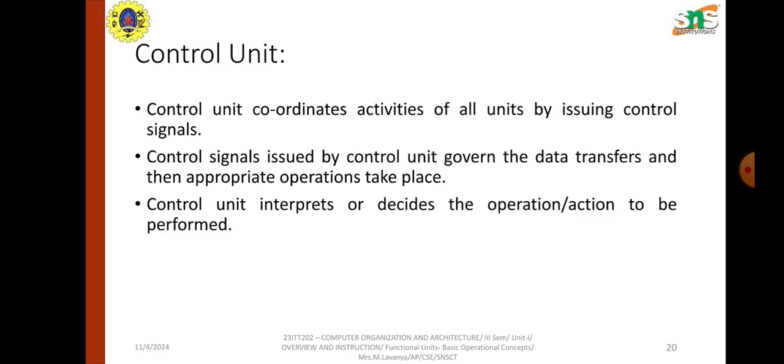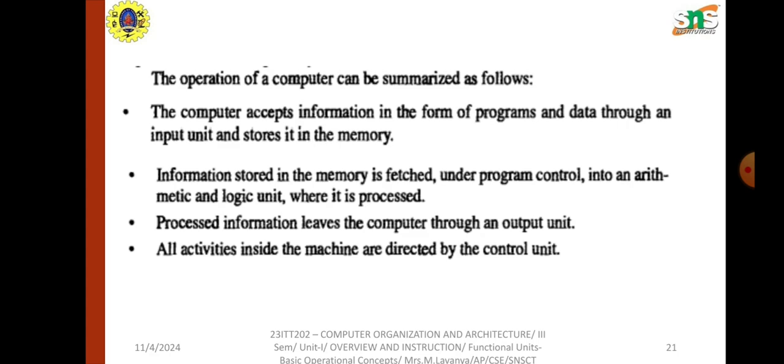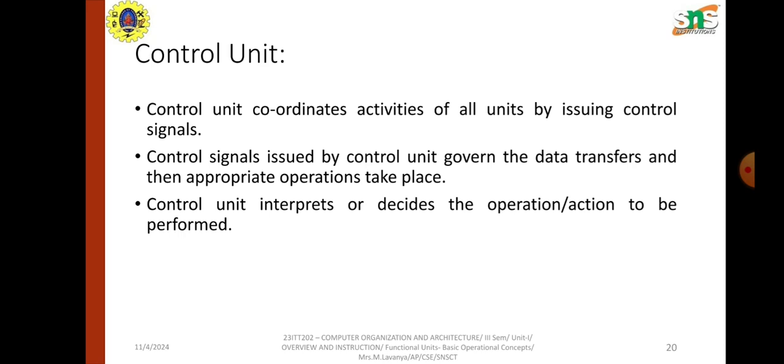And the control unit coordinates the overall execution of the system by generating control signals. The control signals direct the system what operations to be performed for the specific instruction or program. Thus these are the 5 functional units of the computer.